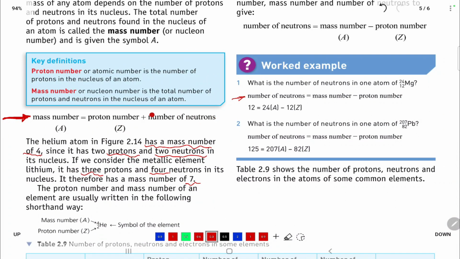Because A equals Z plus number of neutrons, if I want the number of neutrons, it will be mass number minus proton number. In that case, it is 24 minus 12. These two values are from the table, or they are given in a question, and this one is the required result.